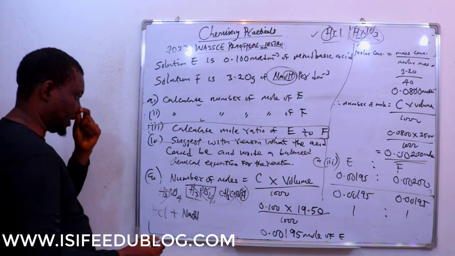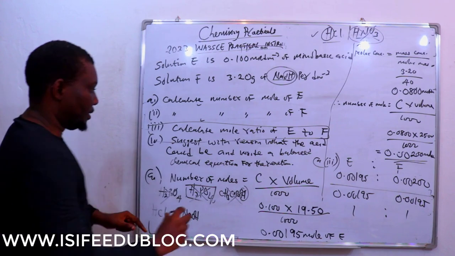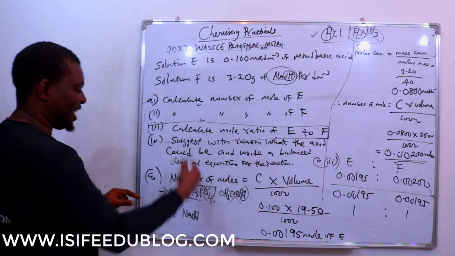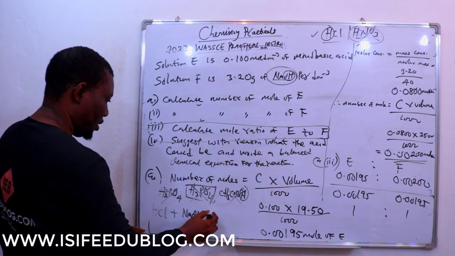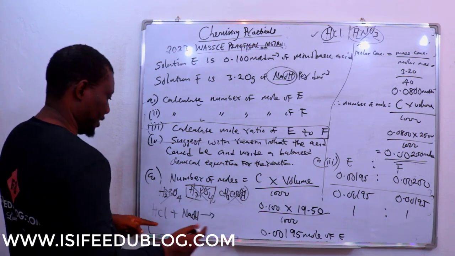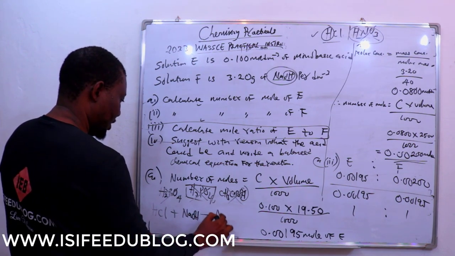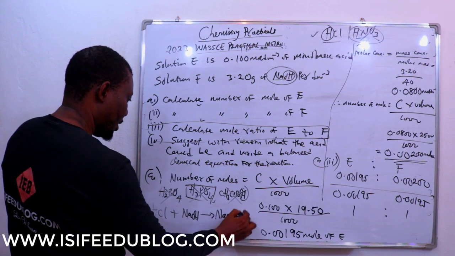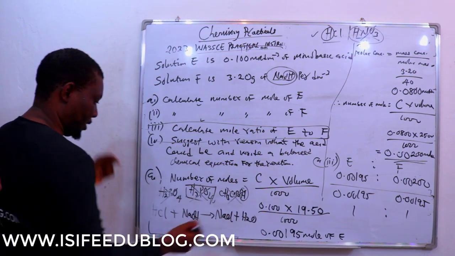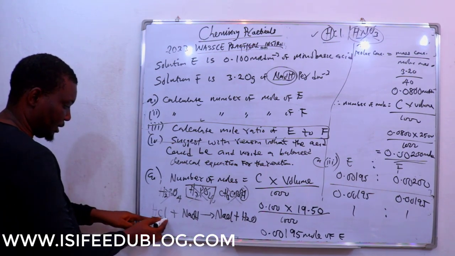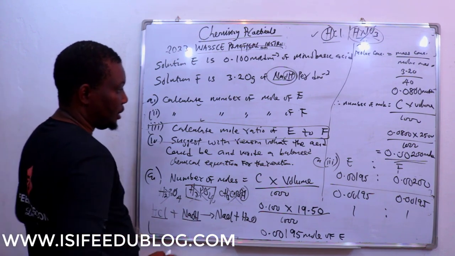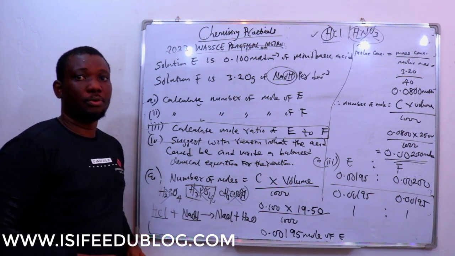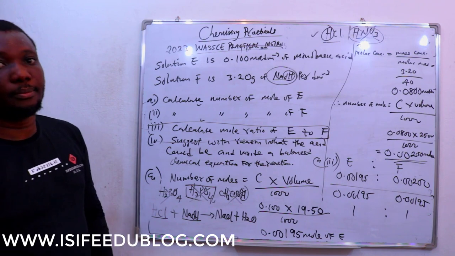I have suggested that the acid is this, then I want to now balance the equation. That's the next thing, say, and balance the equation. So I'm balancing the equation now of what I suspected. This, and then I have this, and this. So from this, the equation is balanced. That means that the acid is in the ratio of 1, and the base is also in the ratio of 1 equally.